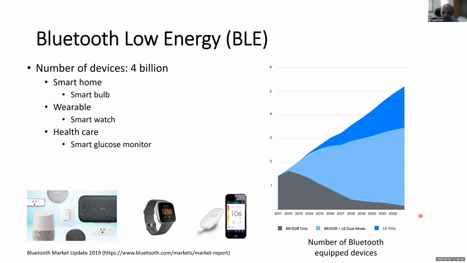The share of Bluetooth Low Energy has been increasing, and the share of conventional Bluetooth has been decreasing constantly over the years. Now the share of conventional Bluetooth is close to negligible. There are some applications, of course, like headphones which are still using conventional Bluetooth.